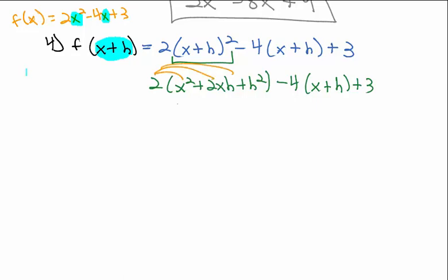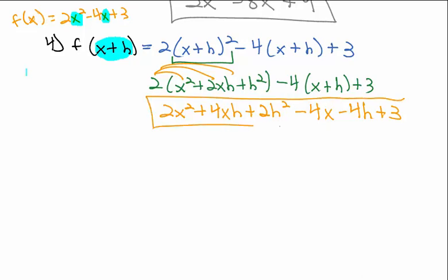Distribute through parentheses, that's 2x squared plus 4xh plus 2h squared minus 4x minus 4h plus 3. And in this particular problem, there really are no like terms. So it's big, it's ugly, but it's right. That is what f of x plus h is going to equal.